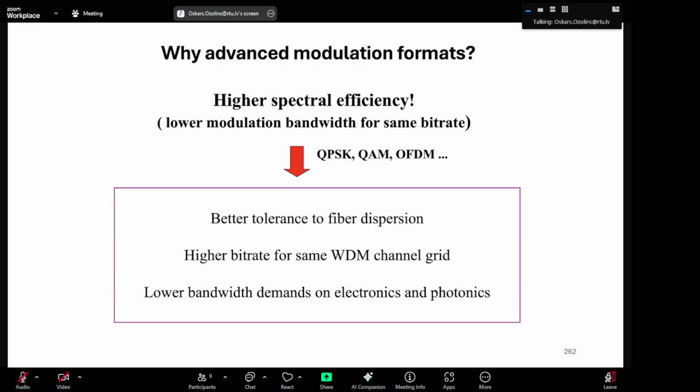So you get multiplied by several factors, and the bandwidth can be smaller for electronics, and for modulators also. But of course, systems now being commercialized in coherent are going to be already 260 gigabaud, and the sweet spot of modulation format would be something around 16 QAM, but with probabilistic shaping.